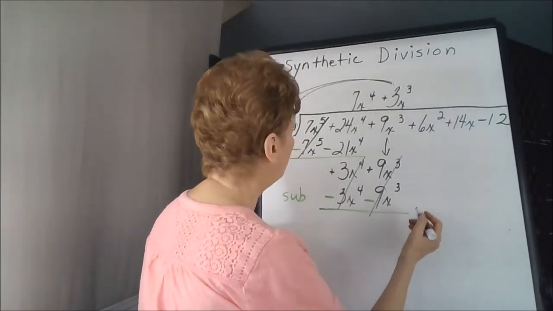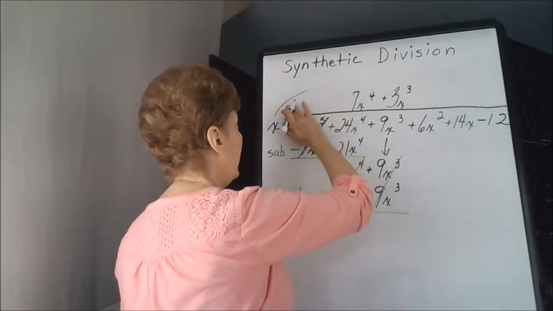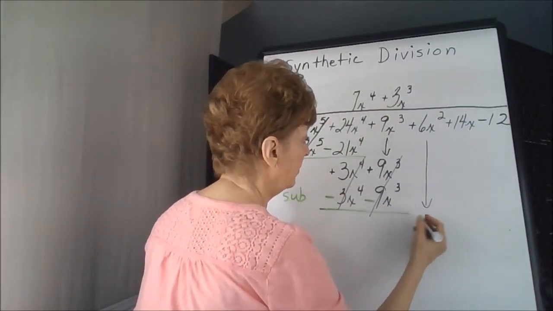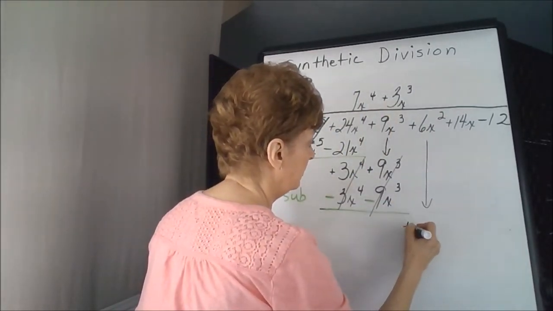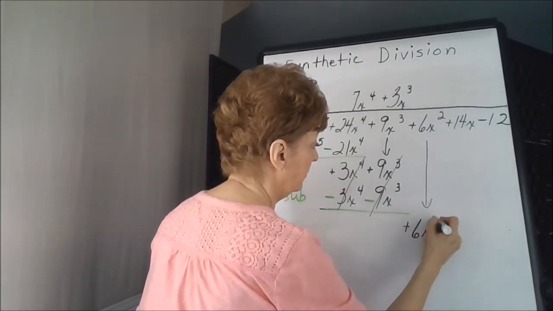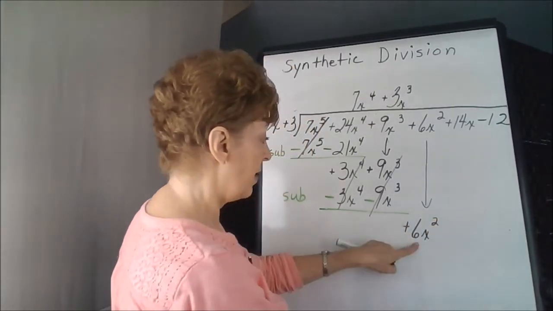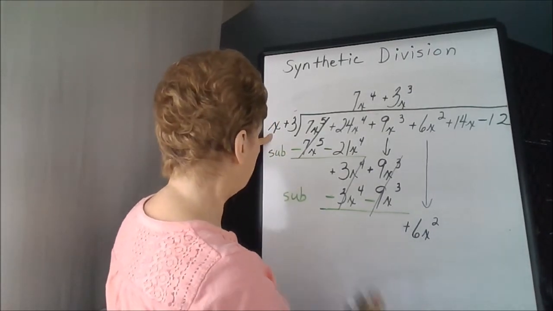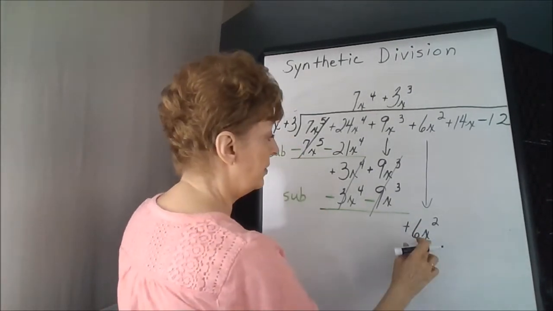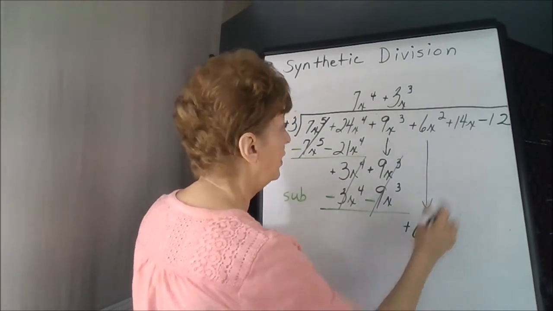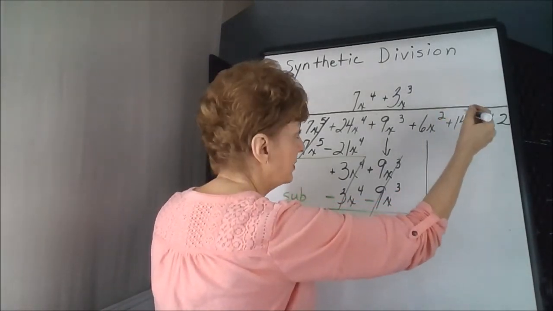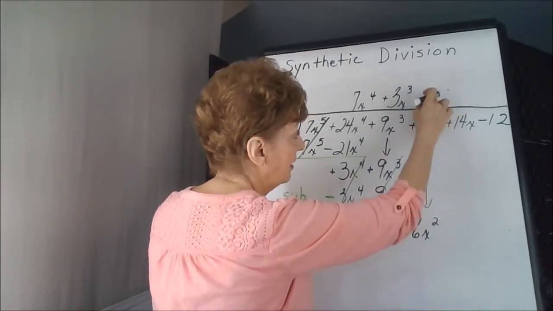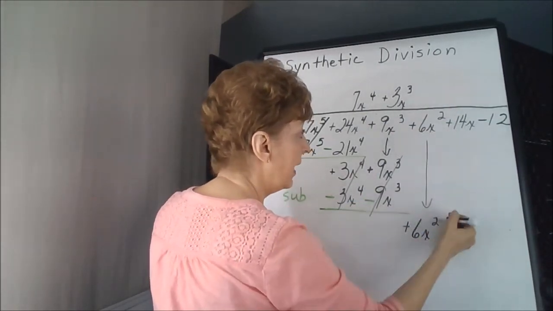So we're going to go back up to the top here, bring down our next number. Okay, we're going to try to get rid of our x squared at this point. So x goes into an x squared x times. We only need one of the x's. So this column right here has no answer in it.